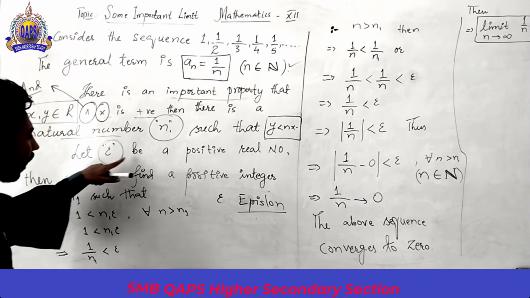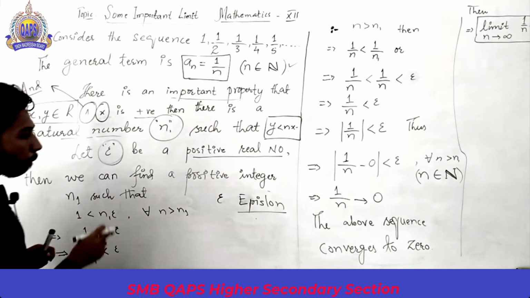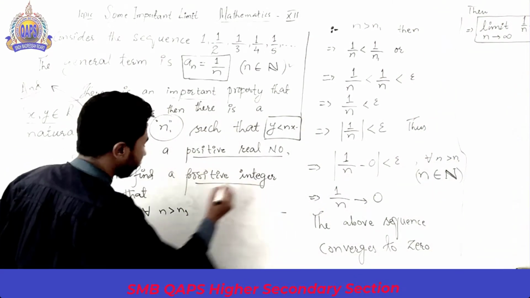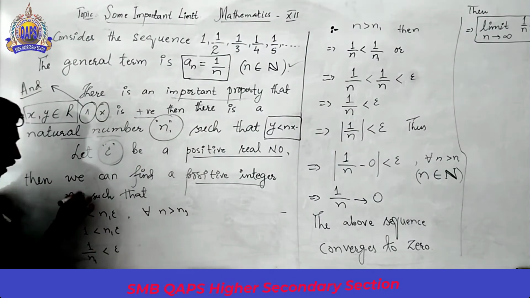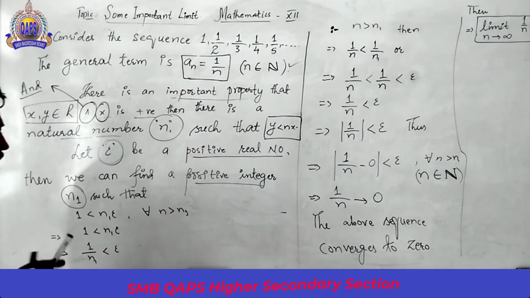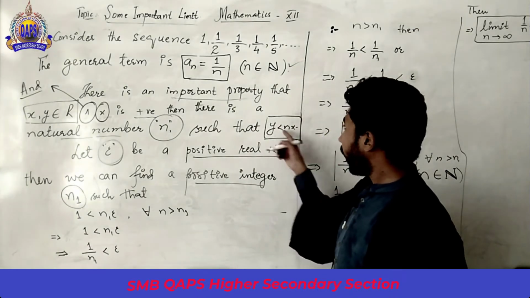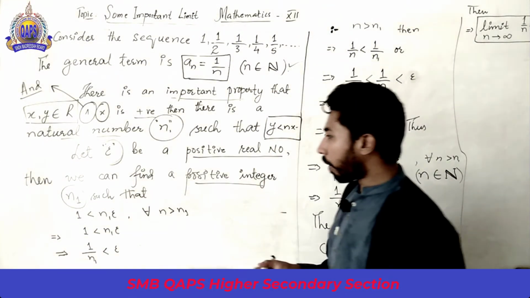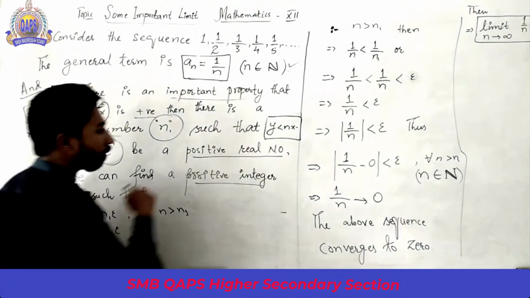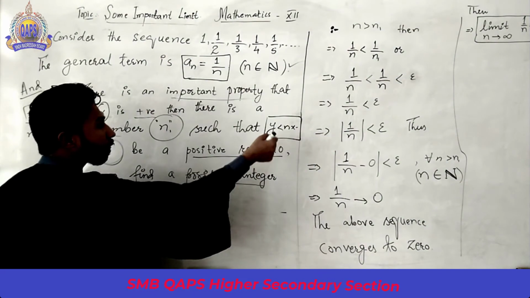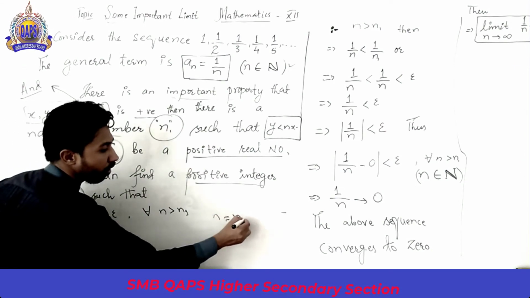Let epsilon be a positive real number, then we can find a positive integer n1. In the place of y we put 1, n remains the same, and x takes the place of epsilon. So we put y equals 1 and x equals epsilon, and n is named n1.